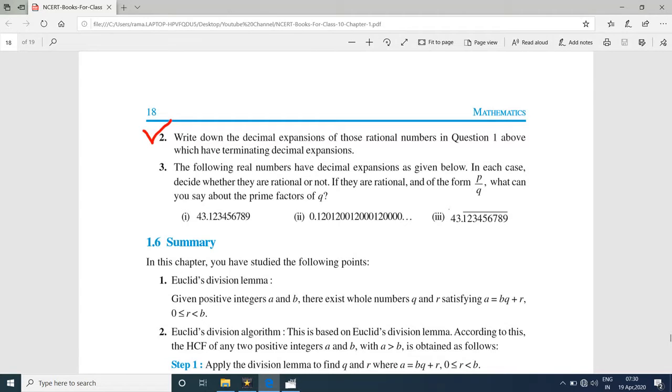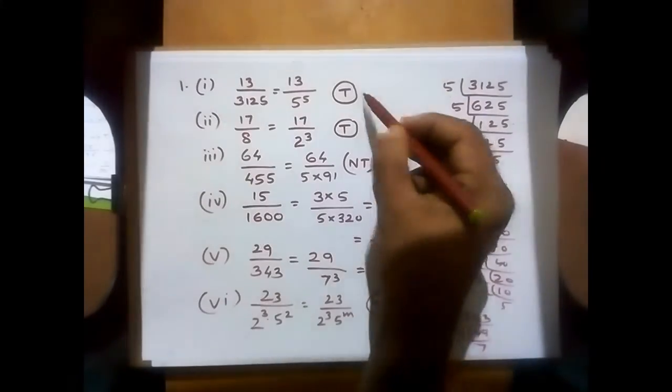Okay, now question number 2. Write down the decimal expansion of those rational numbers in question 1 above which have terminating decimal expansions. So we have to consider only terminating cases of this.